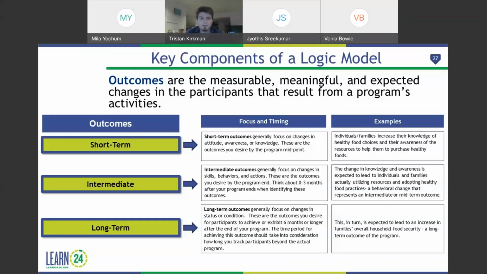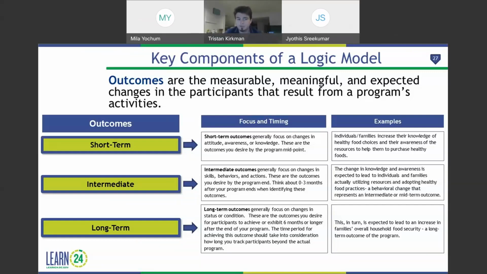So using our hypothetical nutrition assistance program again, in the short term, individuals are expected to increase their knowledge in healthy food choices. This change in knowledge is expected to lead them to actually adopt healthy food practices, a behavioral change that represents a medium-term outcome. This, in turn, is expected to lead to an increase in families' overall household food security, the hope for long-term outcomes of the program.